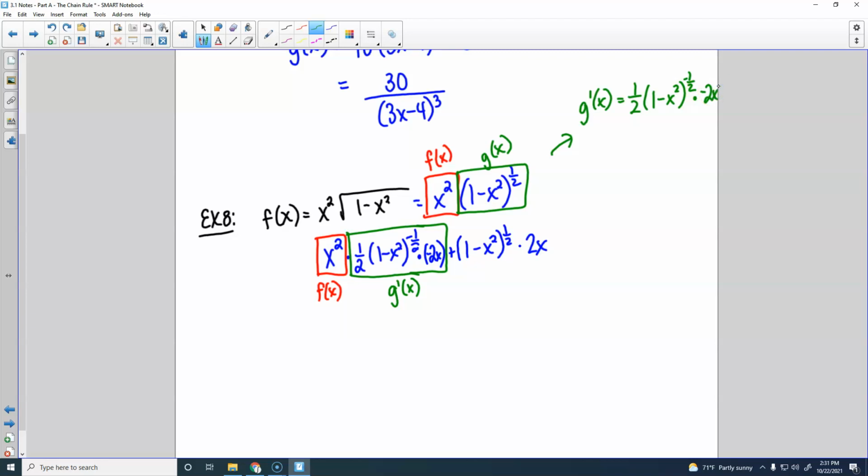So it is a product rule problem, but it's got a chain rule included in it. And then this piece right here is our g of x, and this piece right here is our f prime of x.